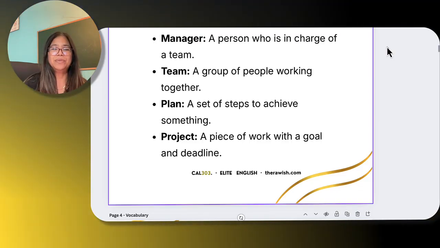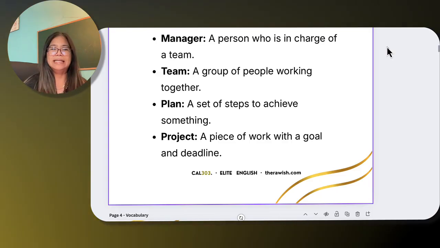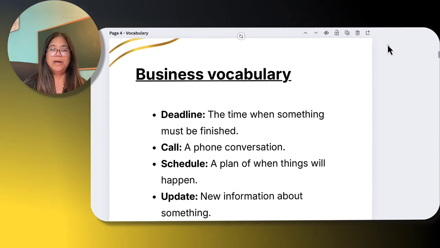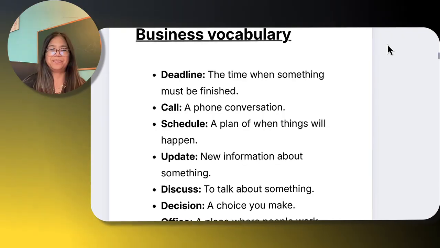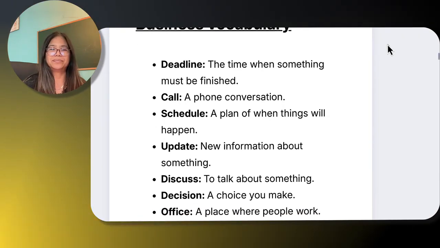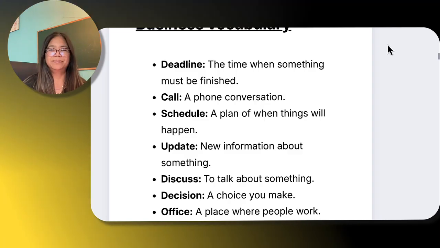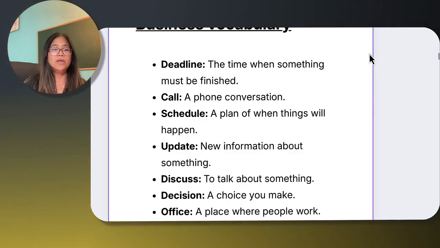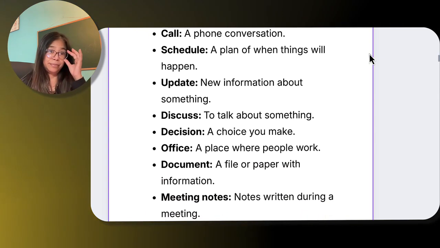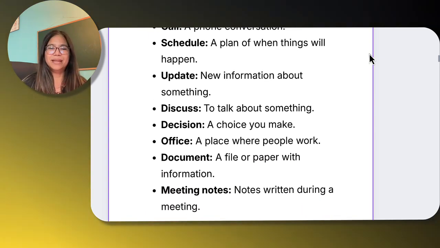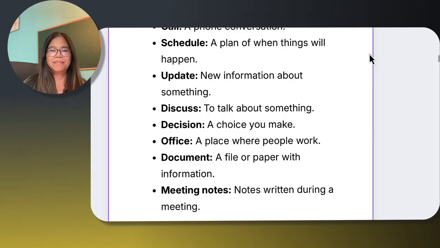We continue. Continuamos. Deadline. The time when something must be finished. Call. A phone conversation. Schedule. A plan of when things will happen. Update. New information about something.